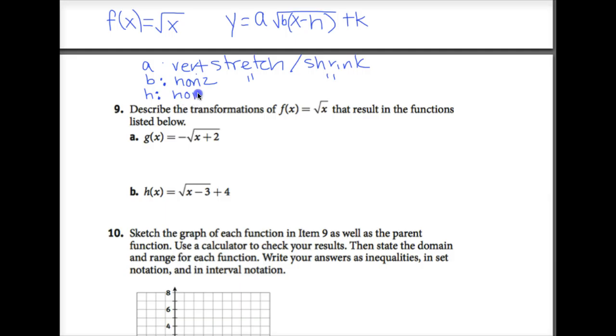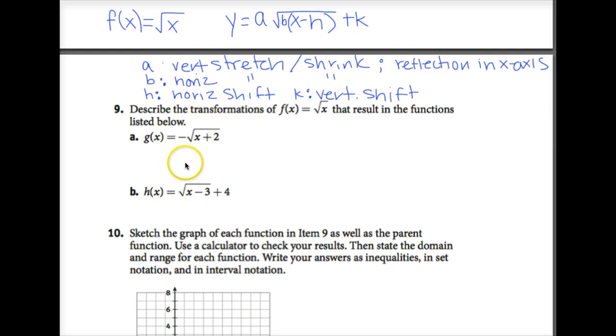H controls horizontal shift. K controls vertical shift. Now the A value also controls the fact that there will be a reflection in the x-axis if it's negative. So all the same things that we're used to.